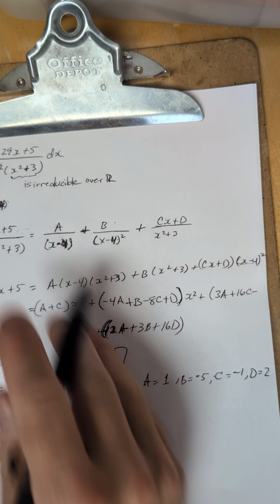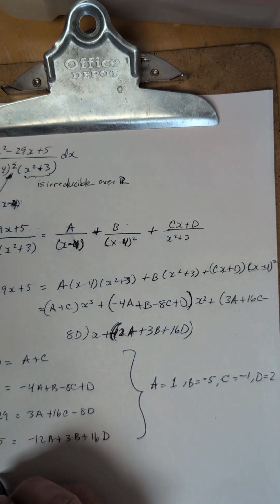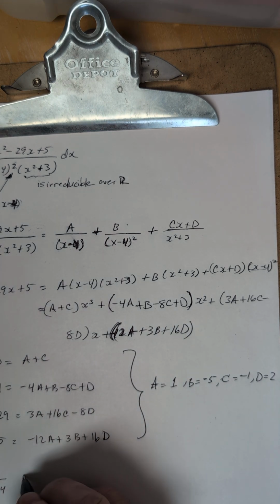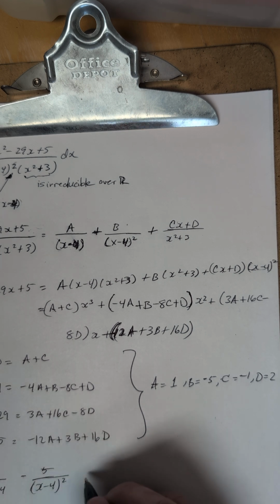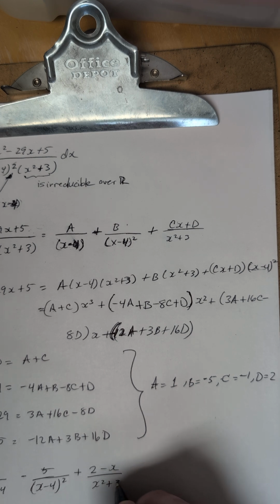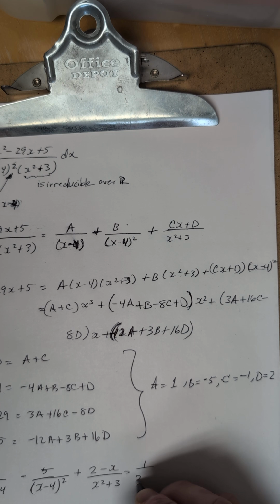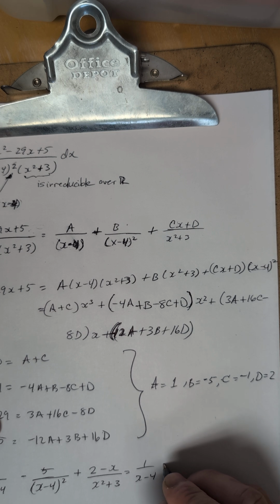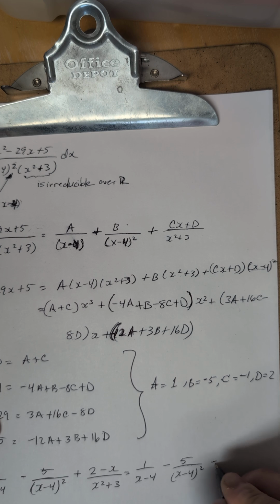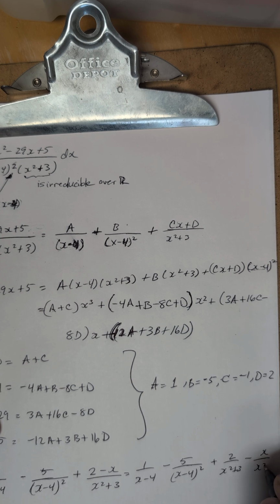Which then allows us to rewrite all of this in the form of the integral. So A is 1 over x minus 4, minus 5 over x minus 4 squared, and then plus, let's see, we have 2 minus x over x squared plus 3, which you can write a little bit more simply by writing 1 over x minus 4, minus 5 over x minus 4 quantity squared, plus 2 over x squared plus 3, minus x over x squared plus 3.